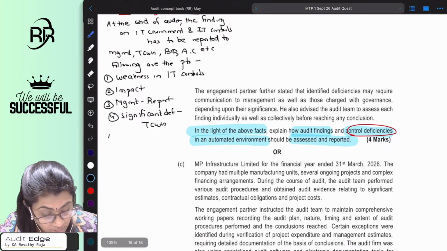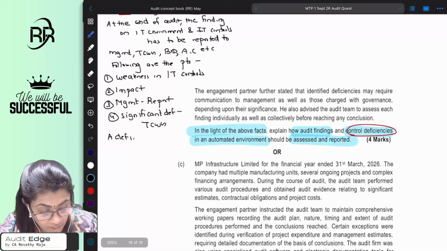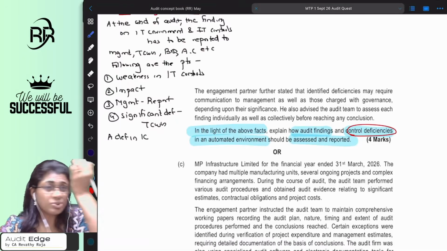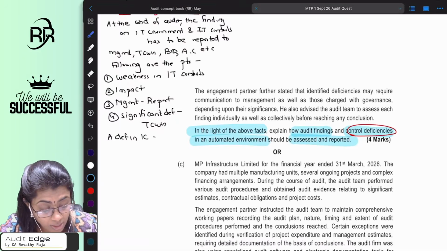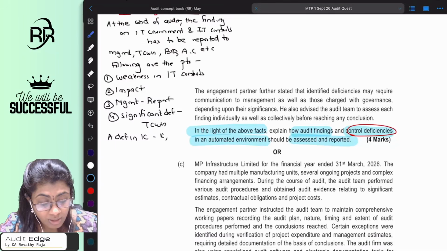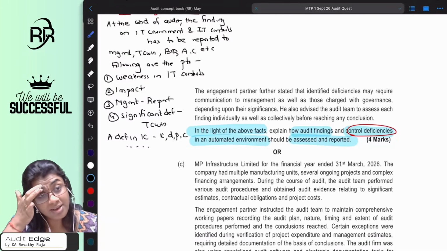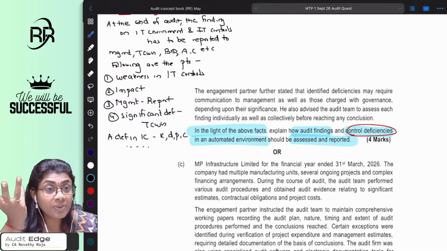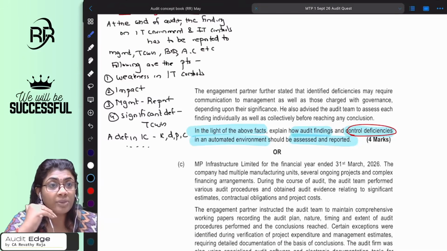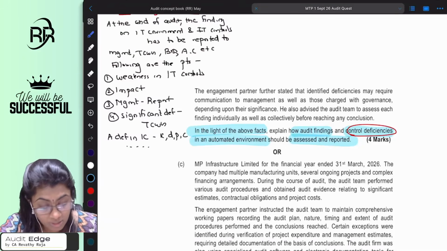Now you have to write a deficiency in internal control. Linking to chapter 7, a deficiency in internal control means internal control did not detect, prevent or correct frauds or errors, or an internal control is designed in such a way that it is unable to detect, prevent or correct misstatements on a timely basis.